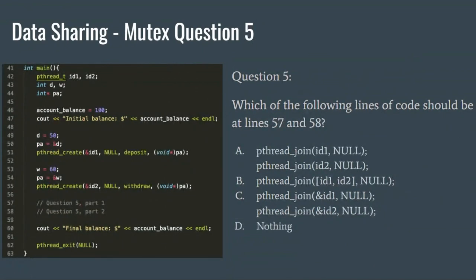Question 5. Which of the following lines of code should be at lines 57 and 58? Just to give you a hint, in this little section right here, we're wanting to wait for both threads to terminate. That's what we're looking for in this question.